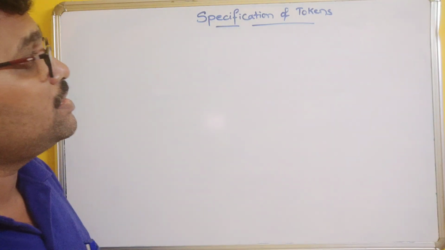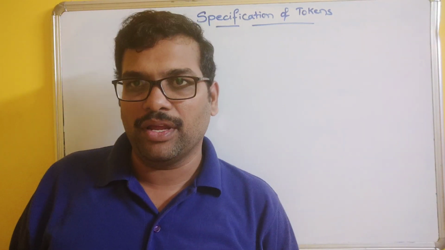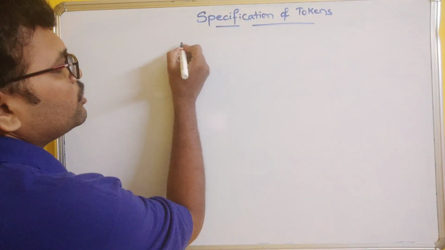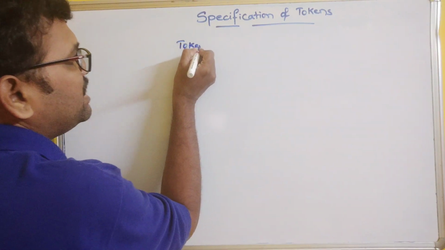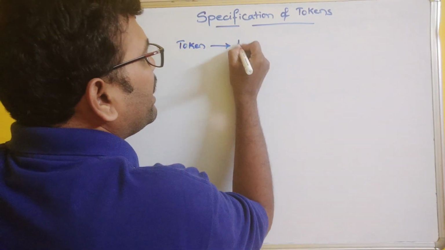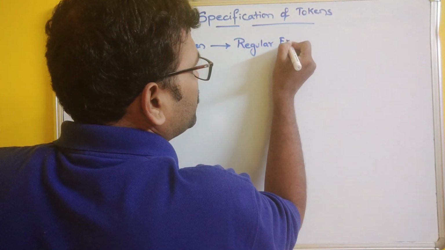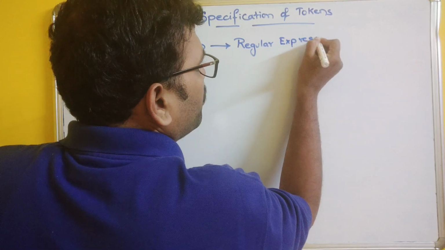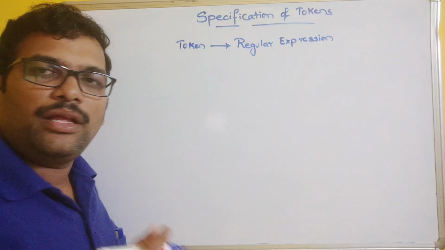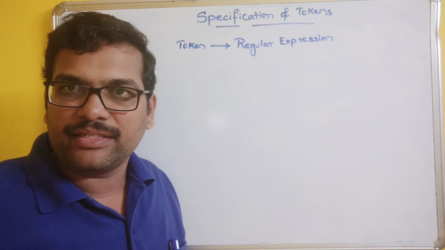Now here the question is, how can we specify a token? Mainly, a token can be specified by using a regular expression. By using this regular expression, any token can be recognized, right?